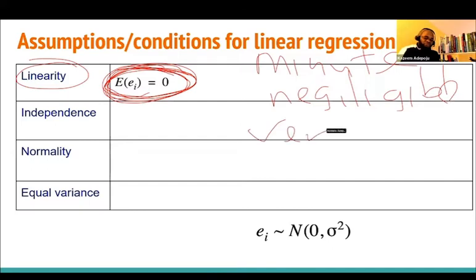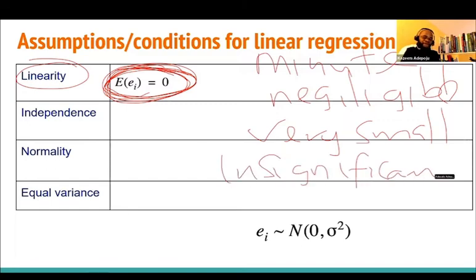Or in other words, you're saying they may be insignificant. Why do I need to include them? Because they could be insignificant. That's what we mean by linearity.